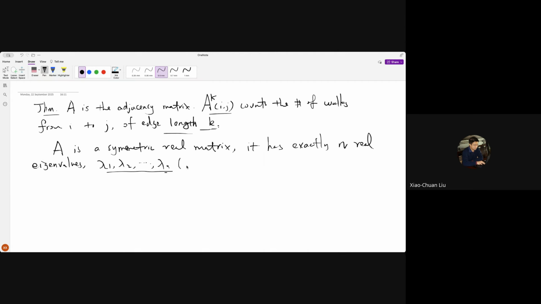Maybe we have lambda equal to 1, for example, three times, so probably with some repetitions. And also we can find a so-called orthonormal basis using the corresponding eigenvectors for these eigenvalues.